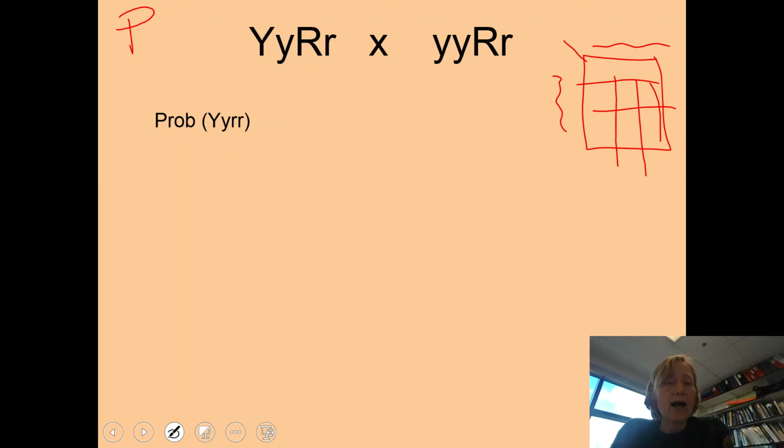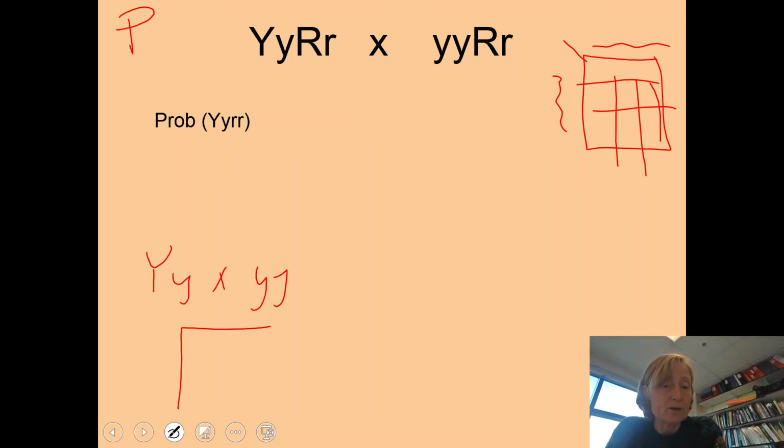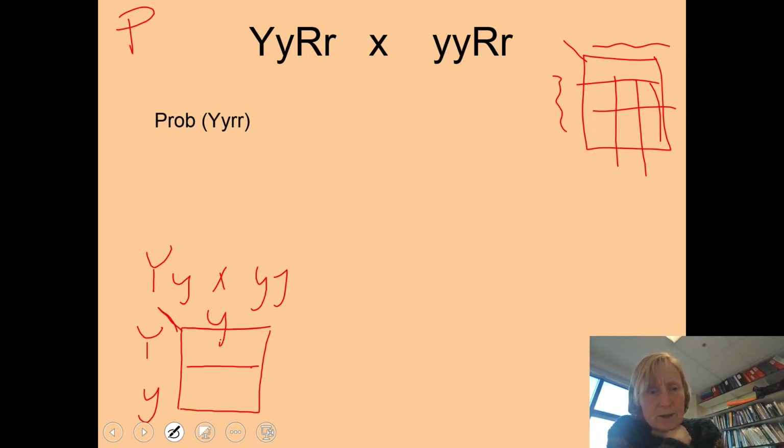I'm going to say, I've got parents that are big Y, little y, crossed with little y, and I'm going to look at a Punnett of the types of offspring these parents can make. Parent 1 over here can either donate a big Y or a little y. Parent 2 can only donate a little y.